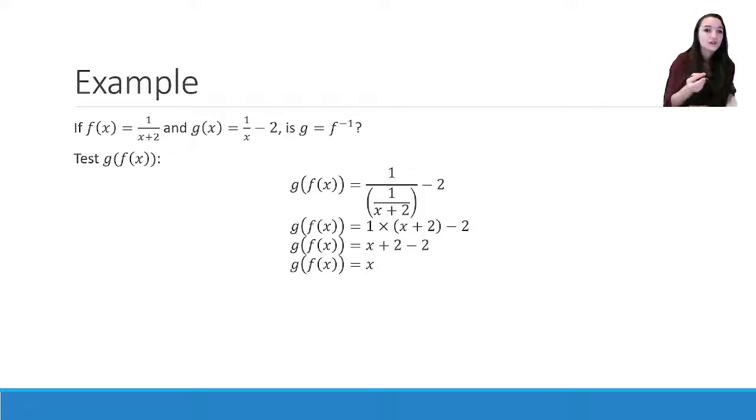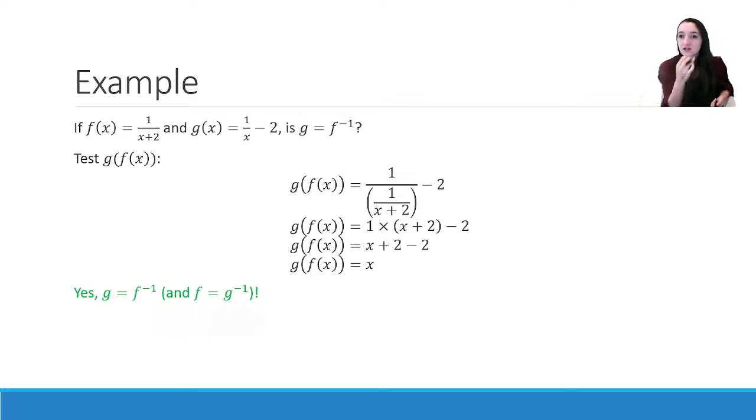And so this is technically enough information to tell me whether or not this is an inverse. So yes, g is f inverse, and f is g inverse, but it's still good and generally expected for you to test both directions of it, mostly to make sure you didn't make a mistake.